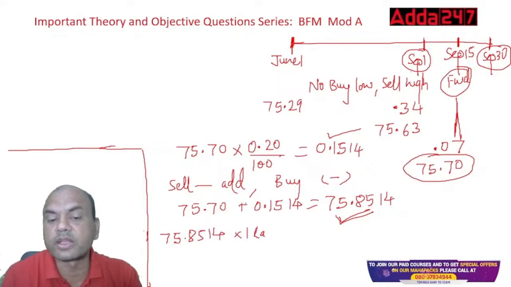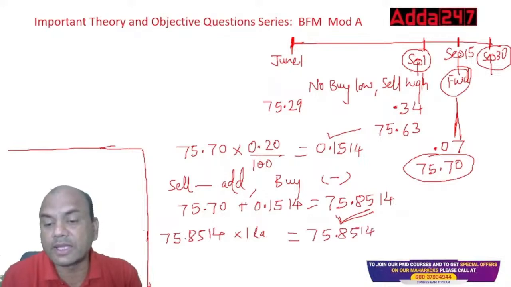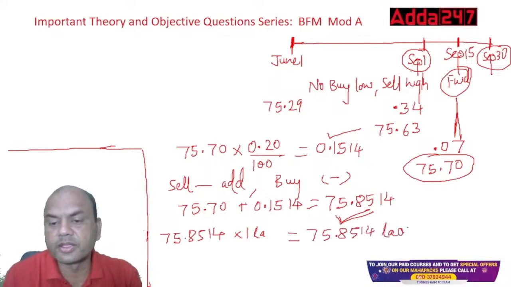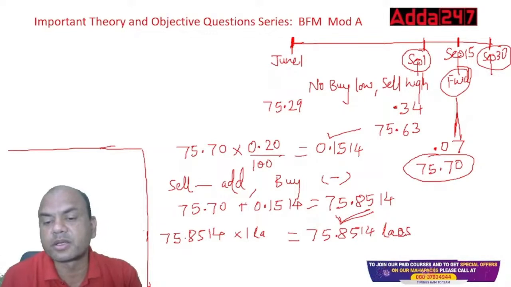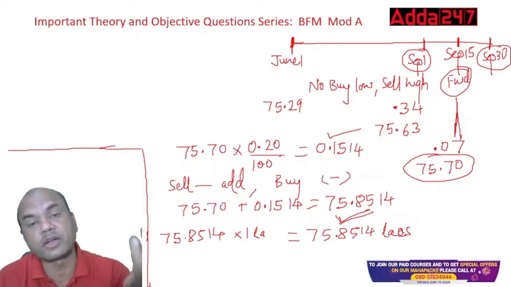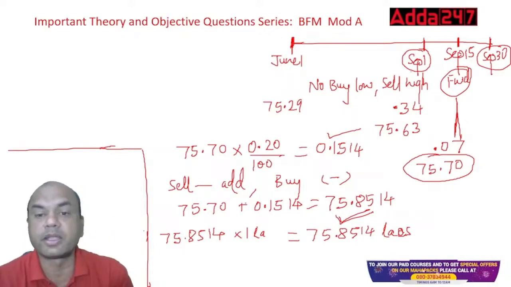So whatever that amount is, it is around 75 lakhs, right? That much will be the amount. So multiply this. You'll get something like 75.8514 lakhs. This much amount you will be debiting to the customer and then passing on the $1 lakh to the next party in foreign.